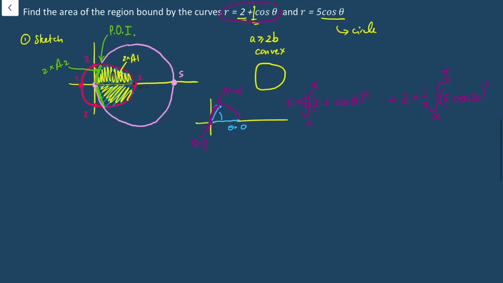Okay, so let's have a look. We're going to start the second bit. We've done lots of drawing, but now let's find the points of intersection. Let's label that point of intersection. And so I'm going to equate 2 plus cos theta equals 5 cos theta.